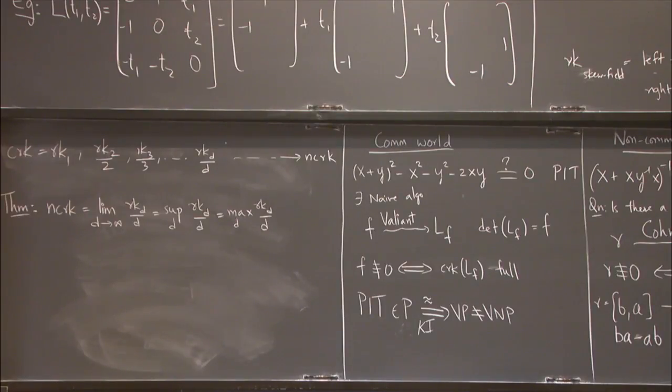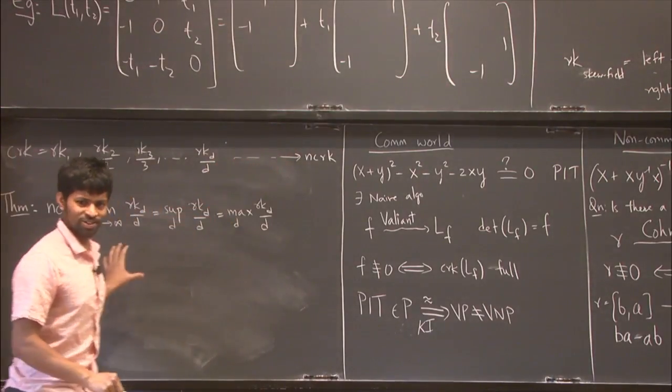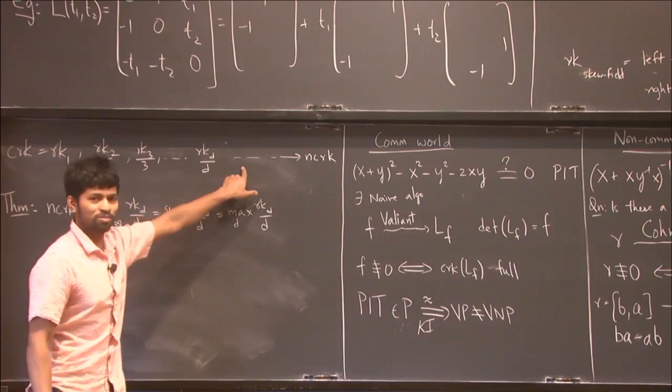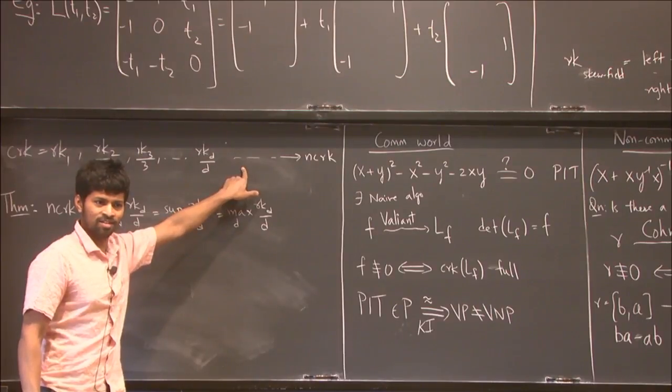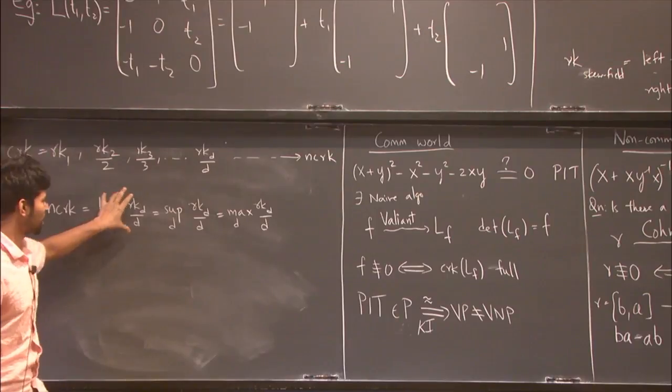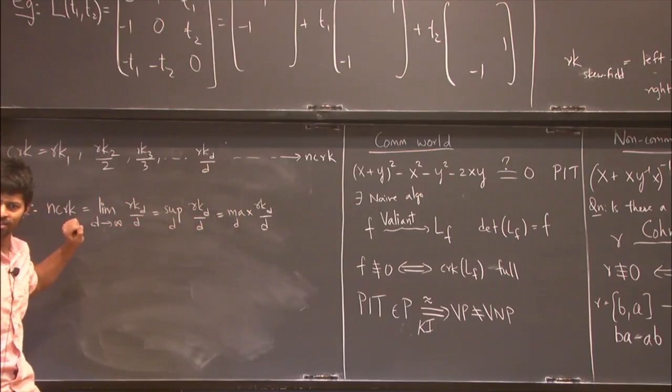If I write something like this, it starts to make some kind of sense. But if you look at it naively, there's serious issues here. First, the non-commutative rank is an integer by definition. There's no reason none of these numbers have to be integers because you're dividing by something. So why is any of these three things an integer?